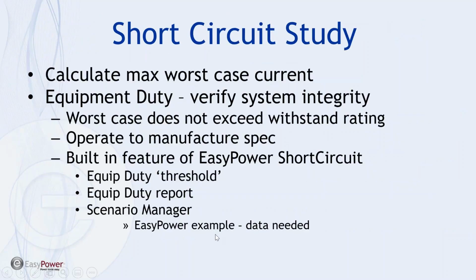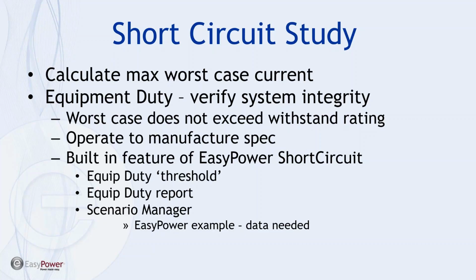The short circuit itself is intended to calculate the maximum worst case current at every bus in the system. And the reason for that is we want to verify that there's no point in the system where the withstand rating or the manufacturer's suggested max current is exceeded, because by verifying that, we can then use the manufacturer's guaranteed data sheet as far as performance when we're calculating incident energy.